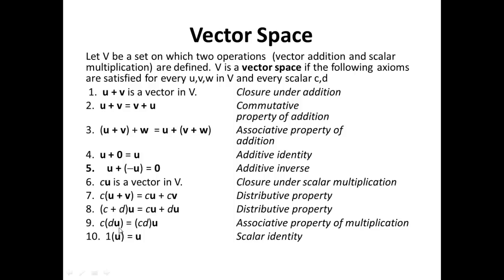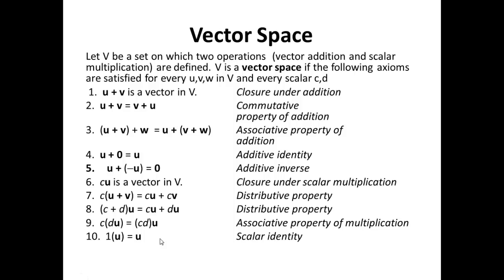Basically, we write distributivity, but do not forget c and d are scalars. Then we have associativity with respect to multiplication, but do not forget c and d are scalars and u is a vector. And lastly, we have the existence of a scalar identity, which is 1. So 1 times u equals u, which equals u times 1.